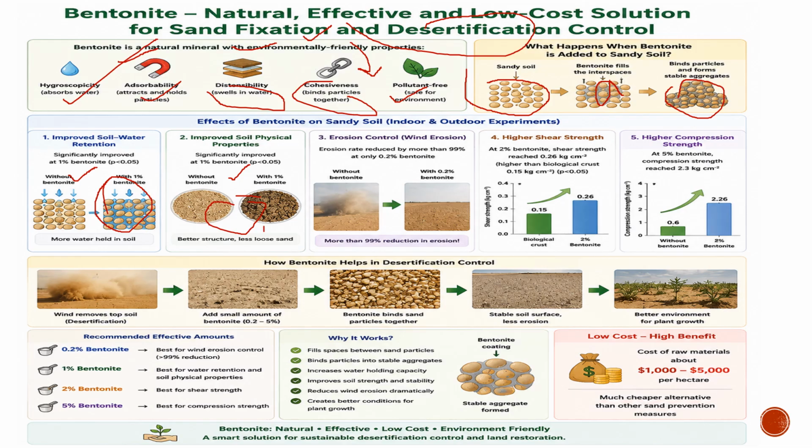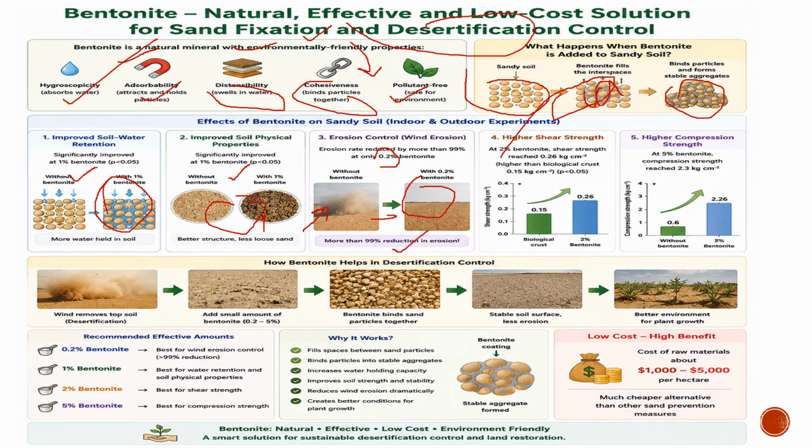And with 0.2% bentonite, basically in desert, the particles of sand will be sorted out. After application of bentonite, it fills the pores between the sand particles and makes them tight, stronger, holding in nature. Because of that, it is able to reduce erosion.